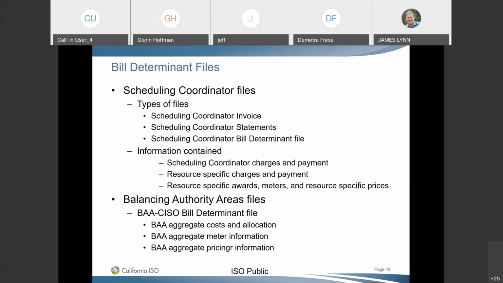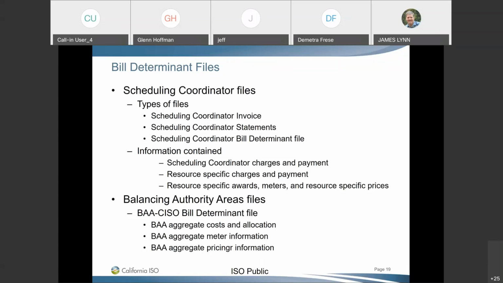Unfortunately, there are some charge codes which are SC allocated or SC assigned, and those won't have as much detail other than what the SC allocation is. Other than that, it's all your real-time charge codes, your BCR charge codes, all that should be resource specific. It's just some of the allocations will be SC specific instead of resource specific.